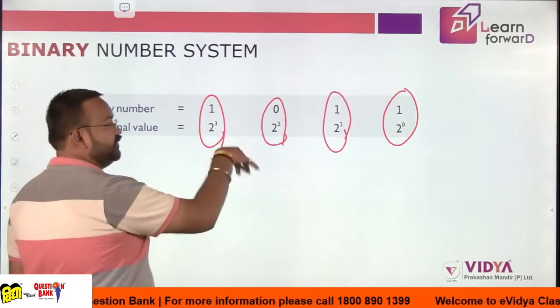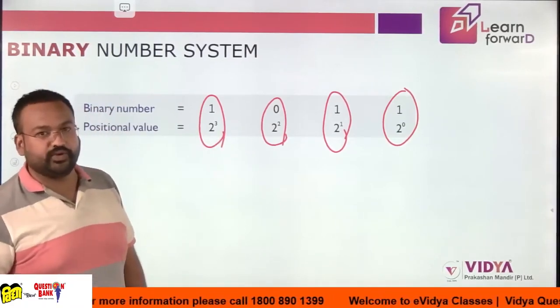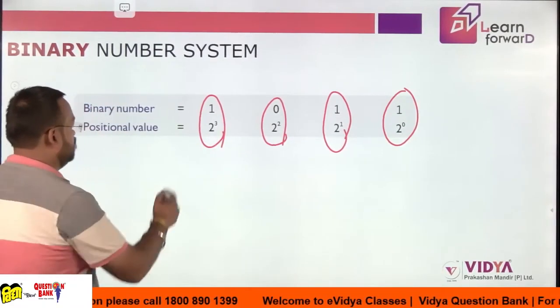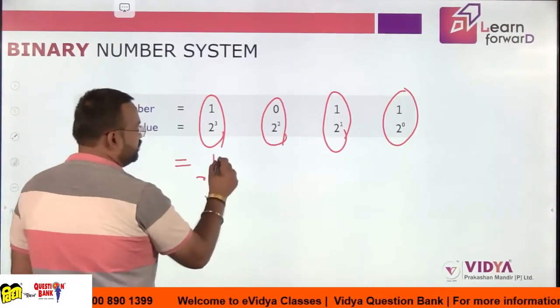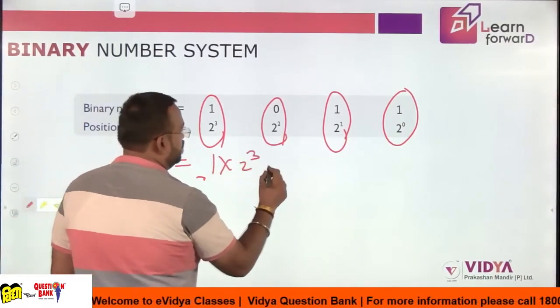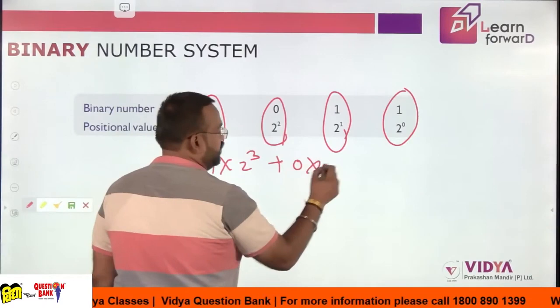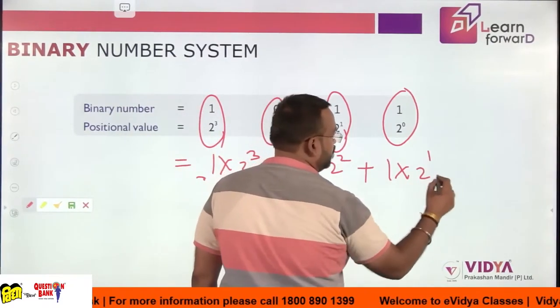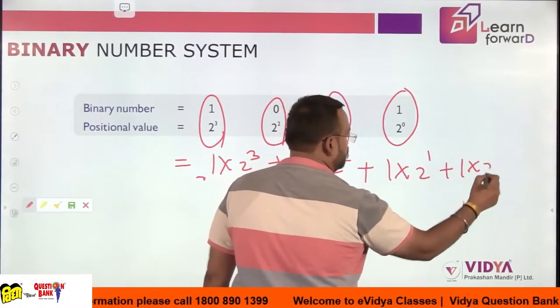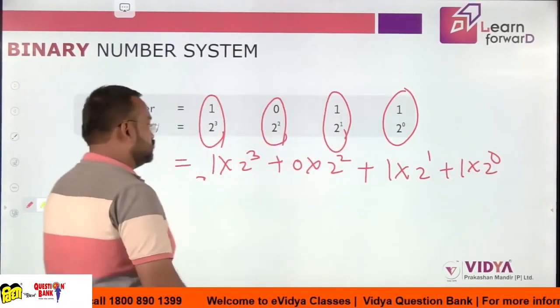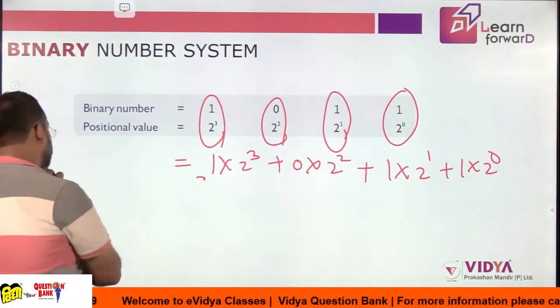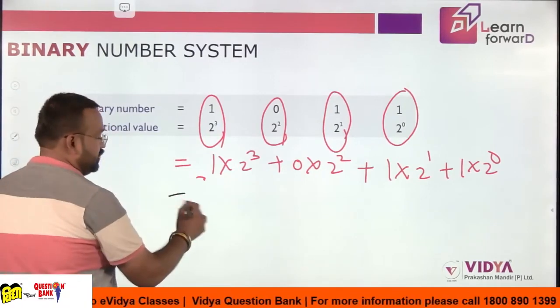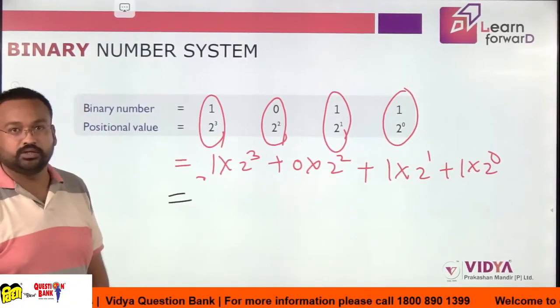Once we multiply these with the digits, we can get the decimal number. That means we write 1 into 2 to the power 3, plus 0 into 2 to the power 2, plus 1 into 2 to the power 1, plus 1 into 2 to the power 0.